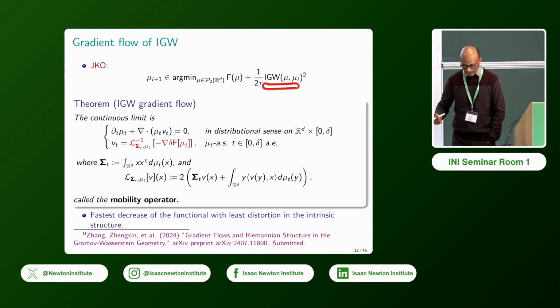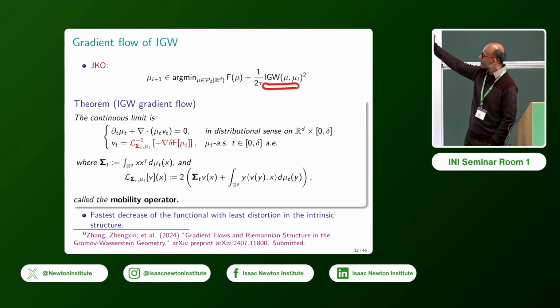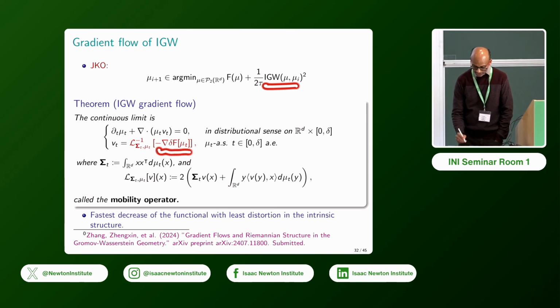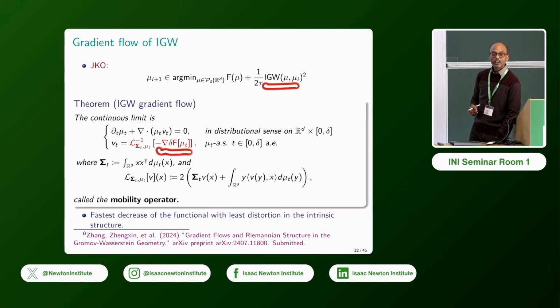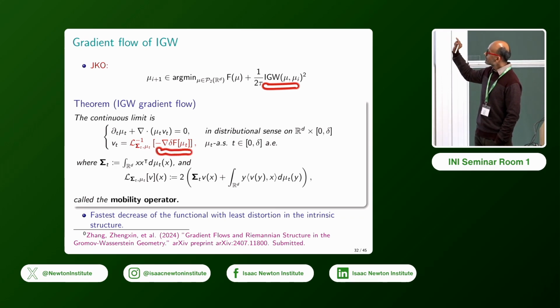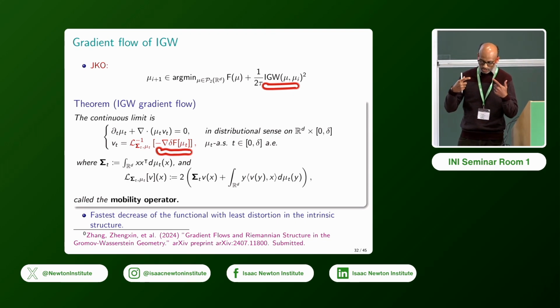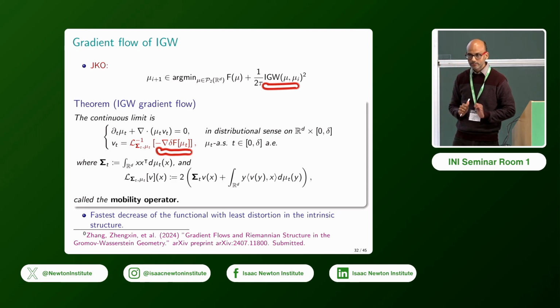We can show that you have a similar type of continuity equation, but now the vector field is a linear operator acting on the Wasserstein gradient.